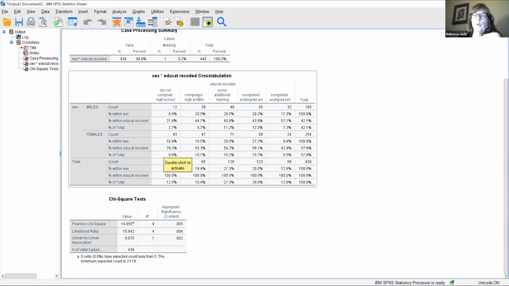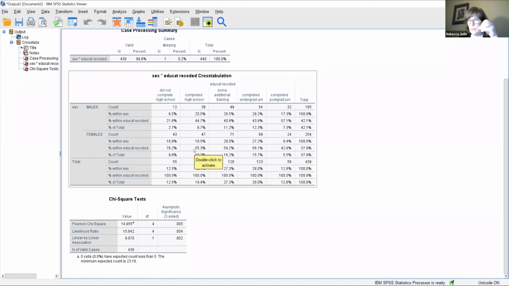If we go over here to those who completed high school, there's a total of 38 males who completed high school. And within the education of the total population of the ones who completed high school, 44% were males and 55% were females.